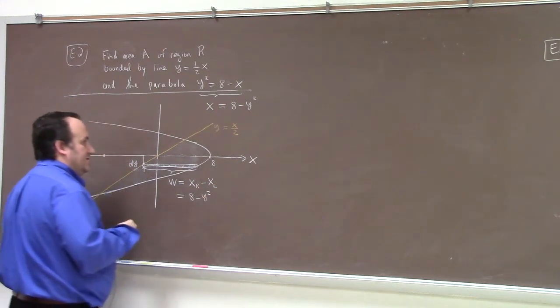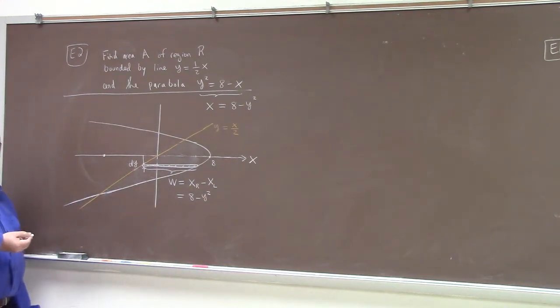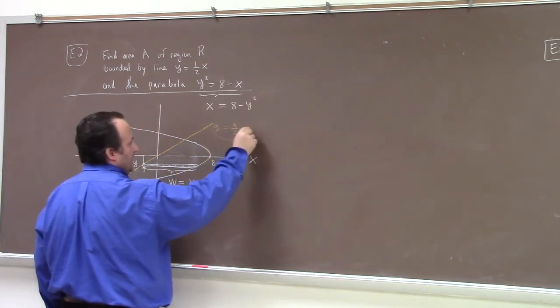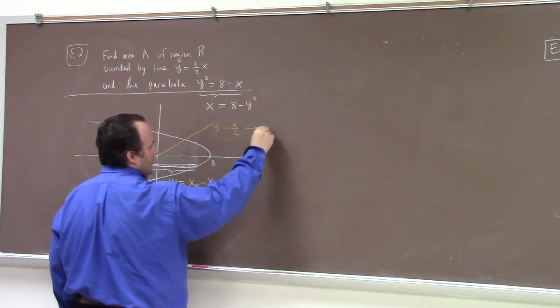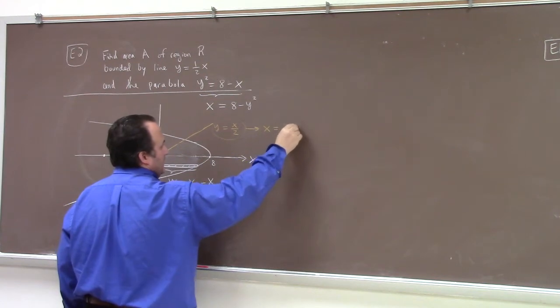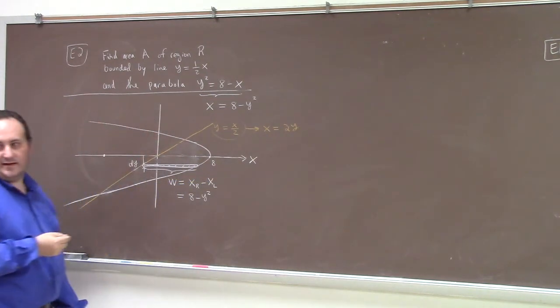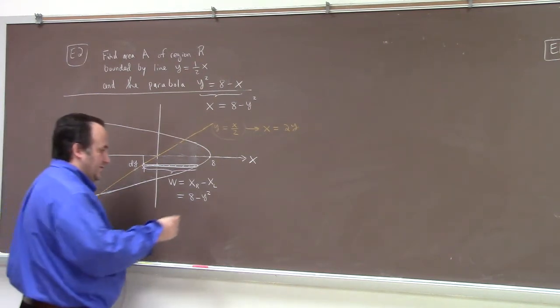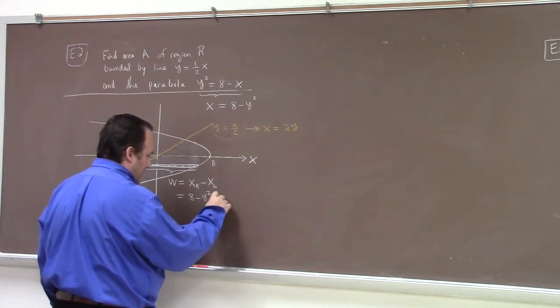What's the left x? See there, we need to do a little bit of work, right? You've got to take this right here and do algebra. The line has the equation x equals 2y. Sometimes you have to do a little algebra to solve for x, for your graph. So x sub L is 2y.